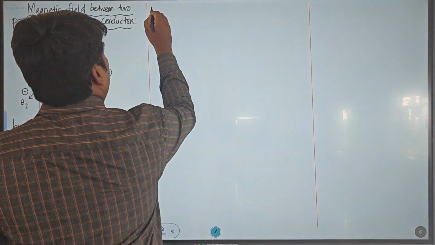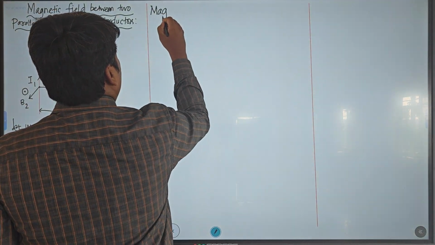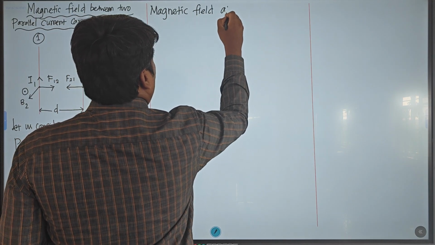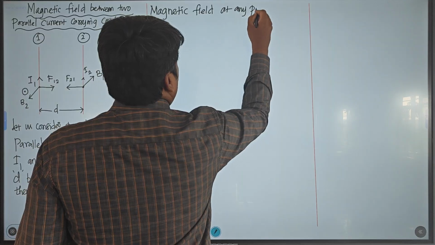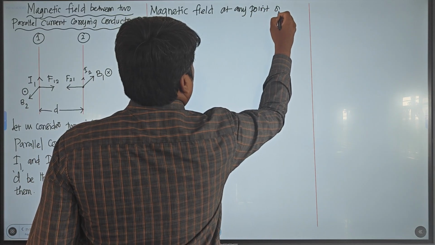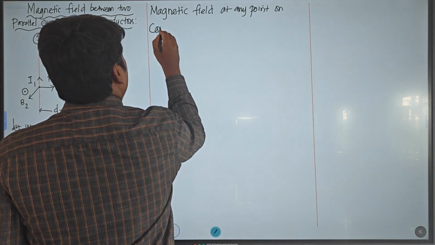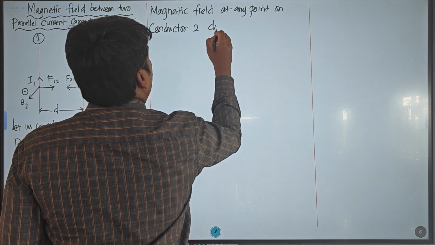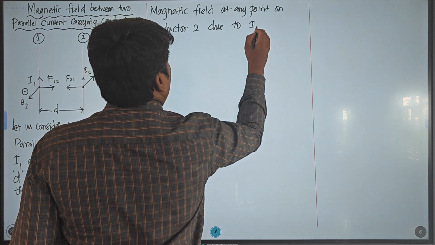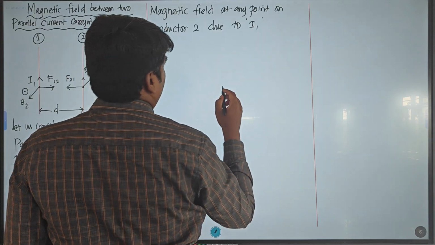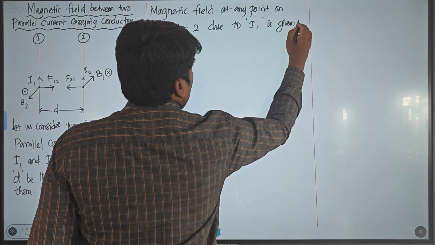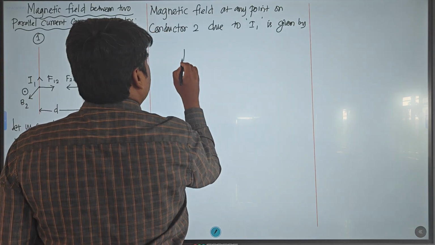Now, the magnetic field at any point on conductor 2 due to I1, that is the current through conductor 1, is denoted by B1.